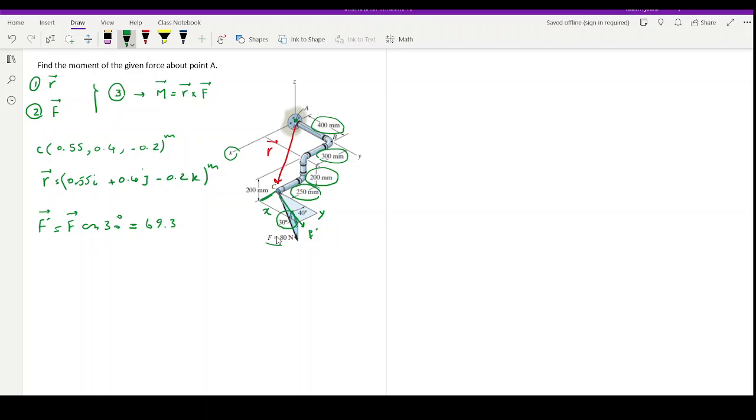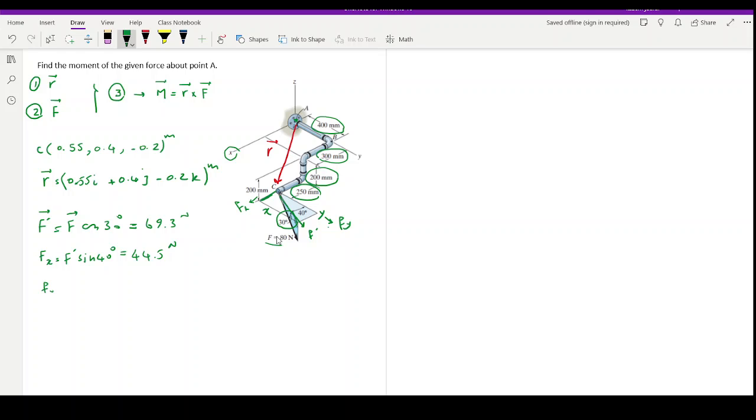By looking at this given angle again, you can see F prime cosine 40 degrees is going to be Fy, and F prime sine 40 degrees is going to be our Fx. So Fx is F prime sine 40 degrees, and if you solve it, it's going to be 69.3 times 0.643, and that's equal to 44.5 Newtons.